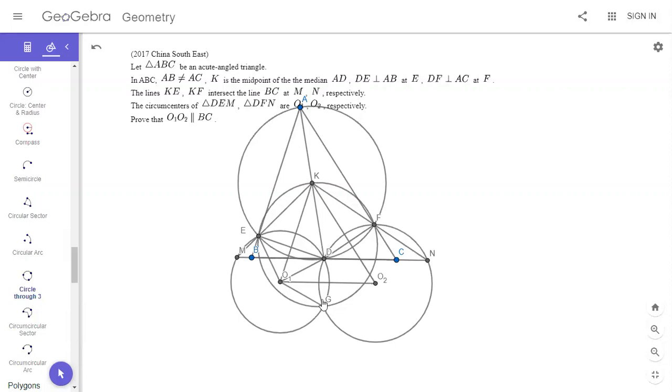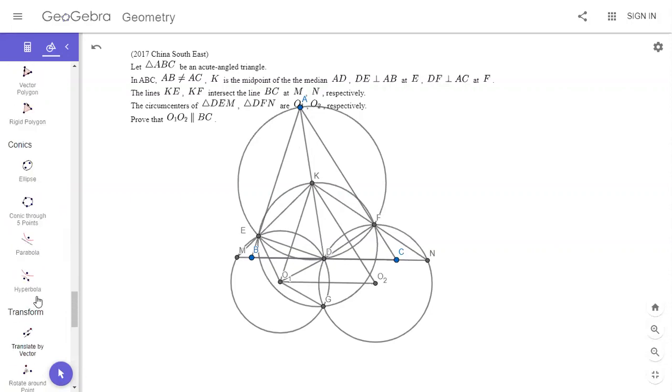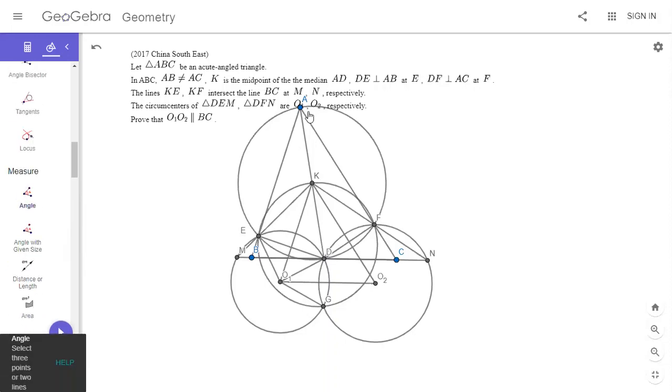So if I can show AEK is equal to EMB, I think that would work. Is that true? No. I want to show AEK equals GED.